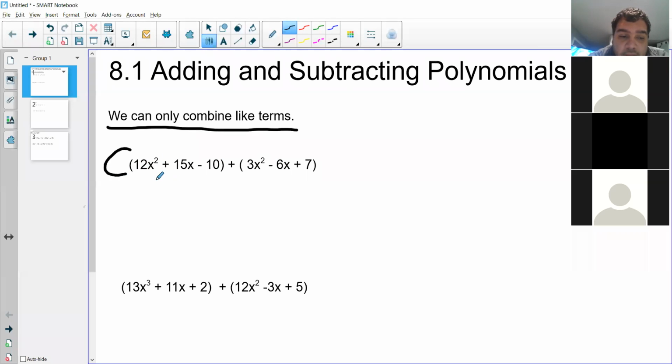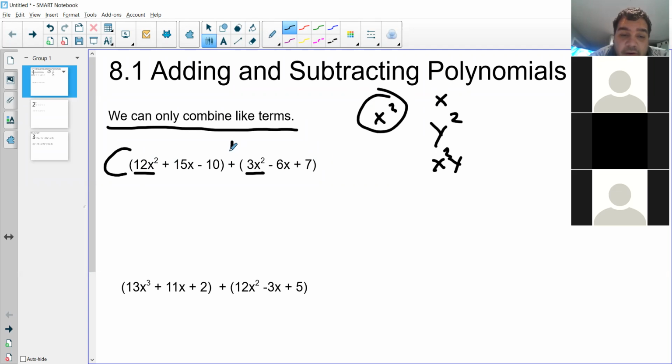We have 12x squared and 3x squared. You can combine them because they both end with x squared, exactly the same. If it was just x, or y squared, or x squared y, those would not be like terms. They have to be exactly the same.